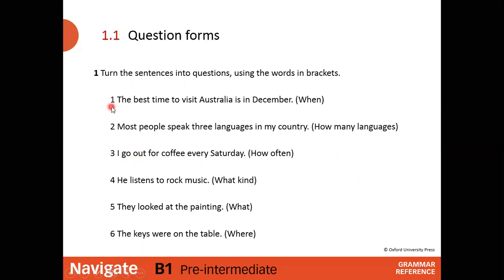Now, there are 6 sentences, and the instruction is you should turn the sentences into questions using the words in brackets. Here you can see when, how many languages, how often, what kind, what, and where. You must use these words and turn these sentences into questions.